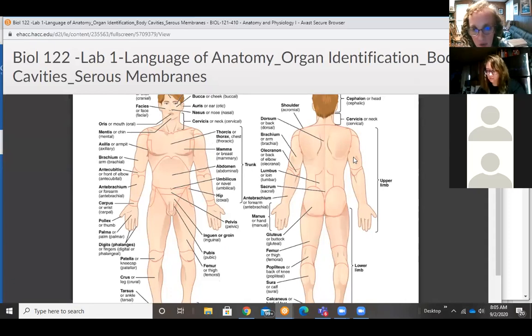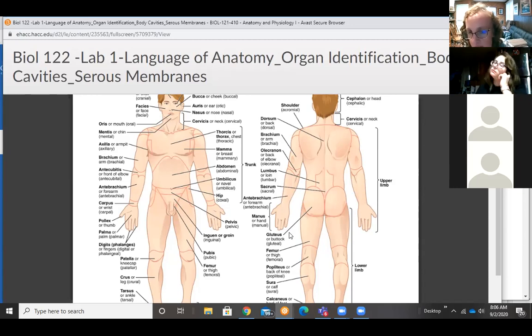And the reason I say that is because a lot of muscles and bones are named according to where they are, using this terminology. For example, one of your biggest muscles in your butt is your gluteus maximus, maximus meaning a big muscle right here.